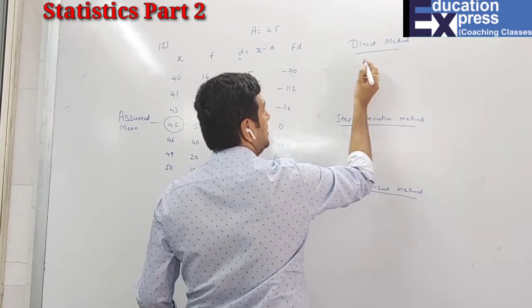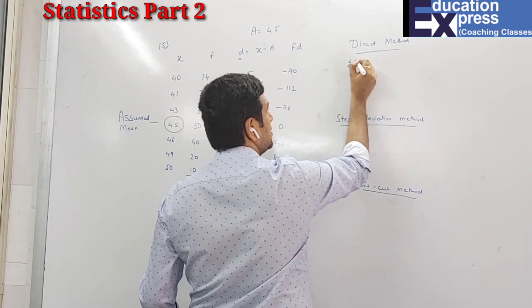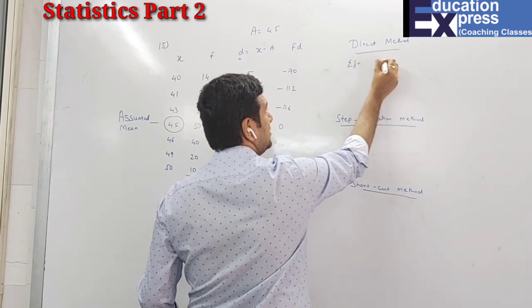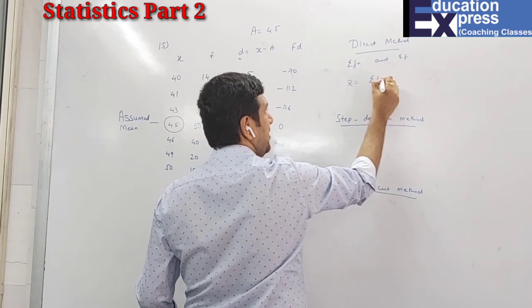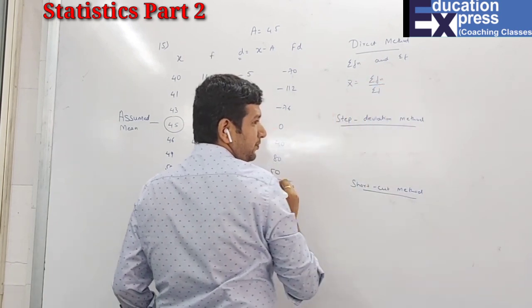In direct method, simply you have to find first your sigma fx and sigma f, and simple x bar is sigma fx upon sigma f.